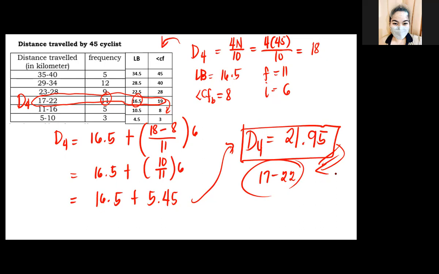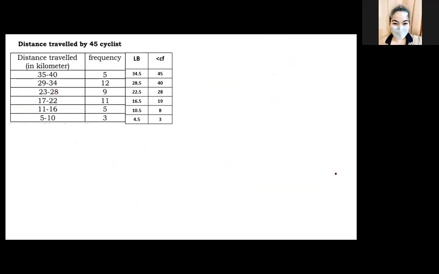Now, try naman natin ng iba. D sub 9. Muli natin si D sub 9. So that is 9 times 45 divided by 10. Ano yung answer natin dito?